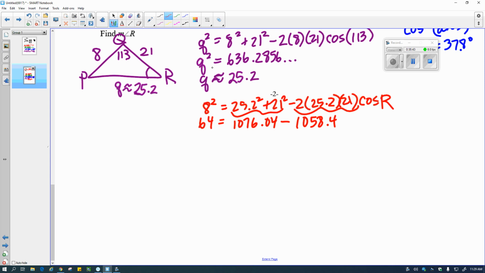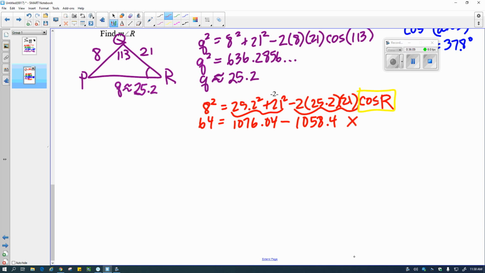And then remember what I said. What we're solving for is that cosine of r. We're trying to figure out what the cosine of r is so we can find r. And so I'm going to put that in as my variable x right now, just to keep myself in algebra mode. Once you get better at this, you might find that you don't need to do that. And that's fine if you're there.